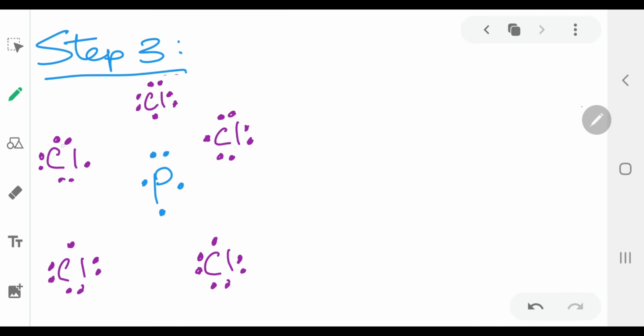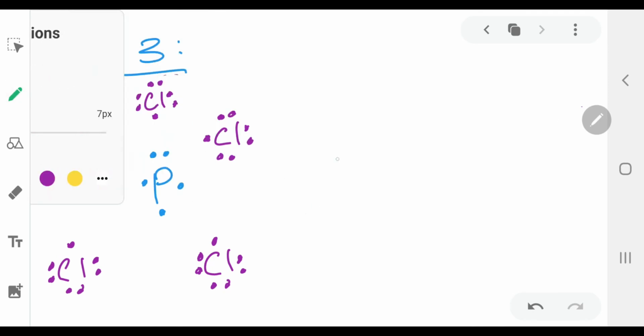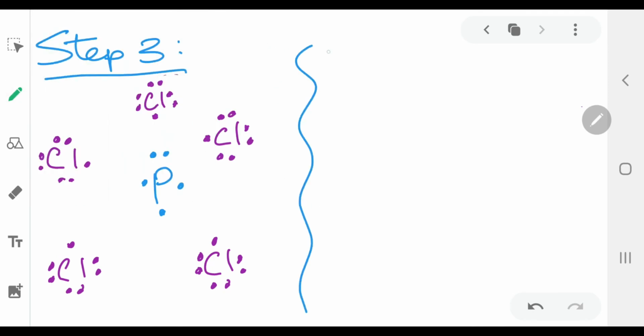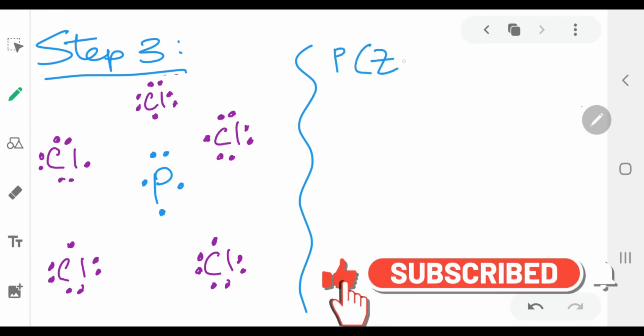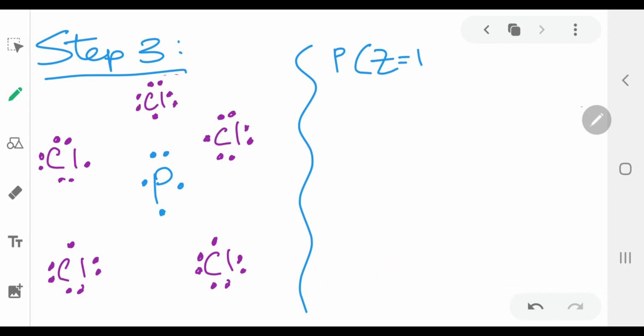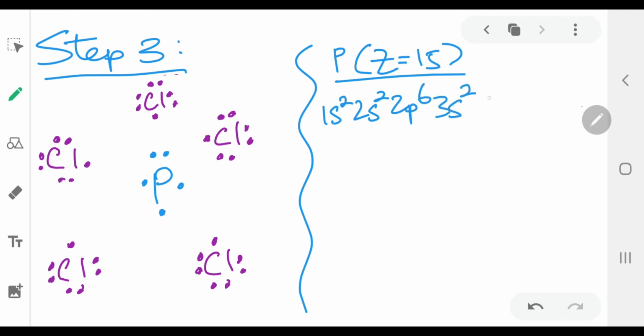So the reason why phosphorus is able to form expanded octets is because we have to look at the SPDF notation. Phosphorus, okay, so the proton number for phosphorus is 15. Therefore, the SPDF notation is 1s2, 2s2, 2p6, 3s2, 3p3.